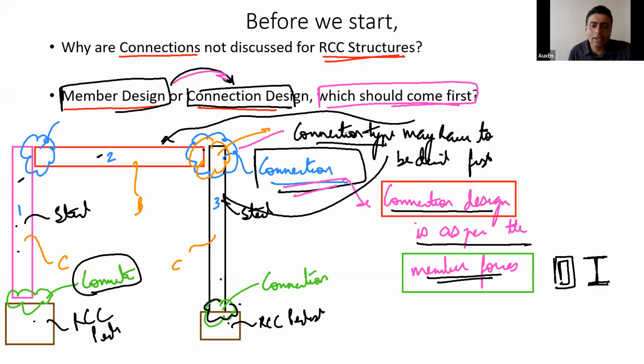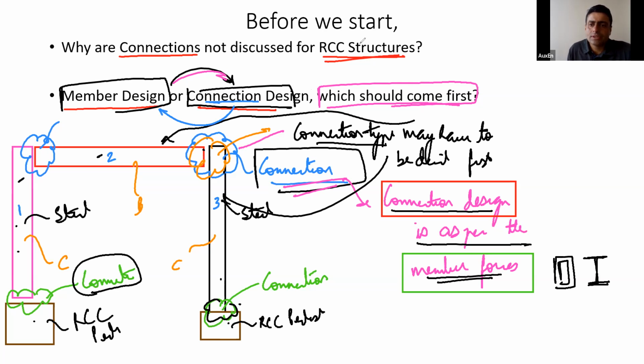In that case, you don't have to design the entire connection, but at least you have to understand what type of connection you have to provide, and then you will be designing your member. So in that case, it will be slightly a reverse process.